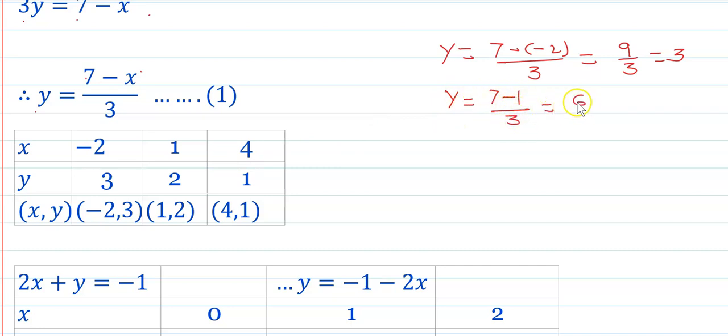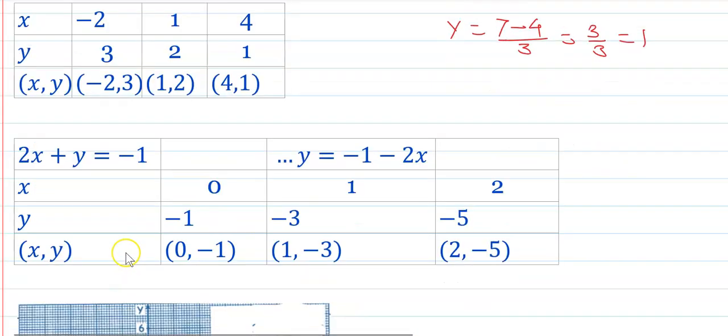You will get 6 upon 3, then y is equal to 2. When x is equal to 4, y is equal to (7 minus 4) upon 3. You will get 3 upon 3. Therefore, y is equal to 1. Therefore, these are the points: minus 2, 3; 1, 2; 4, 1.